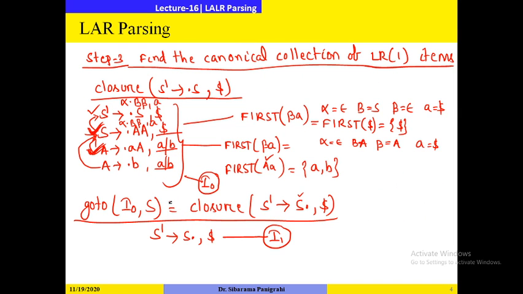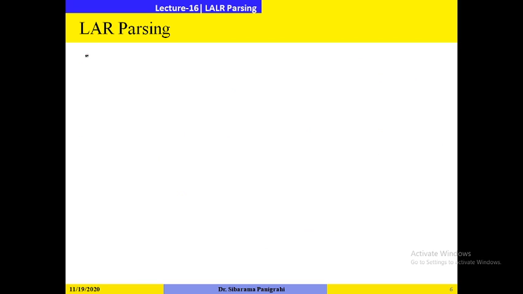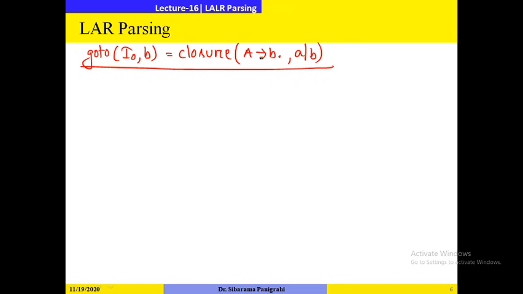So now in I0 can you jump some other symbol? Yes, you can jump the symbol B. So here what you will write, goto(I0, B). It's nothing but closure of A gives to B dot, comma, a or b. This one I have copied from here.